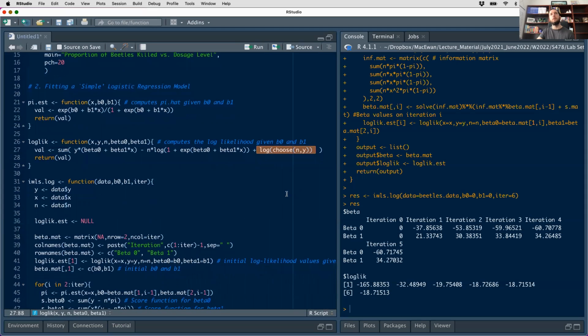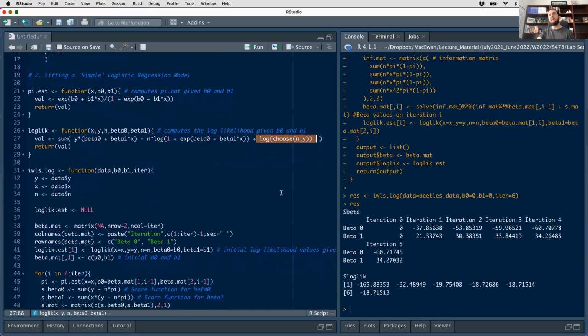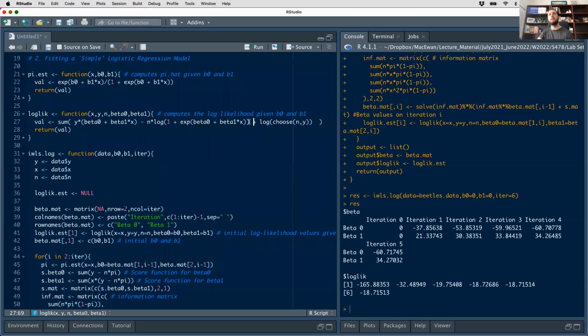The idea, as far as I can tell, is this term is constant with respect to the model parameters. So when we write out the log likelihood function up to a constant of proportionality, we can actually drop this term off and not include it in the calculation, because this term falls off when we compute beta 0 and beta 1 anyways.